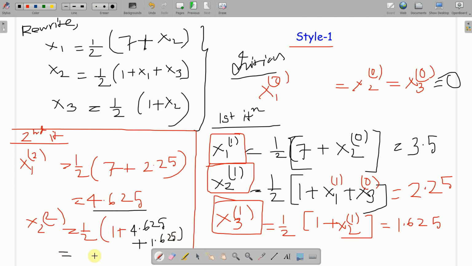Tell me the result. So it's coming around 3.625.